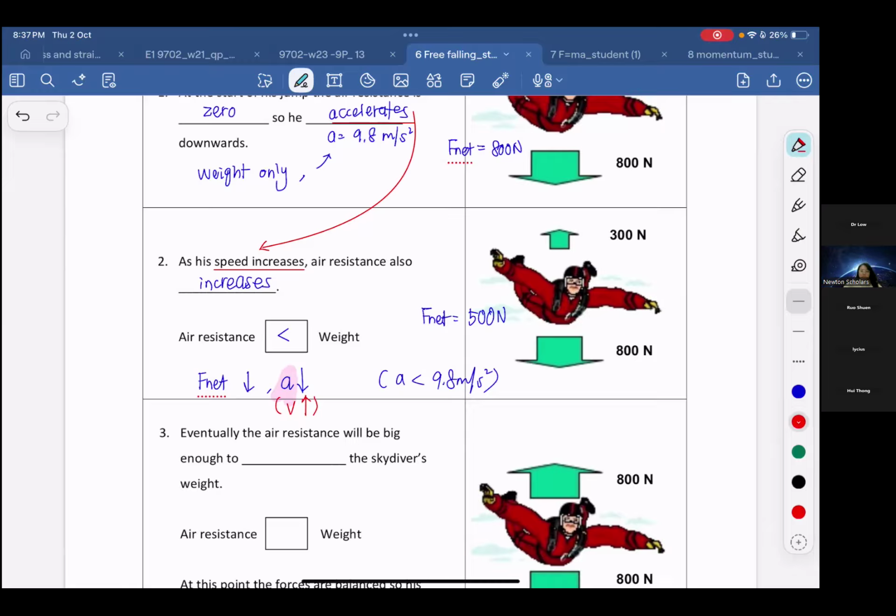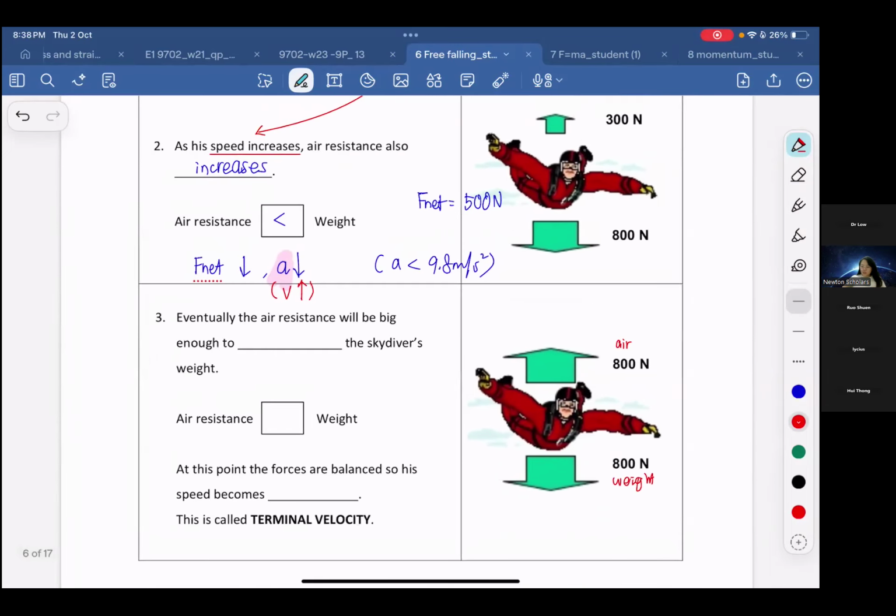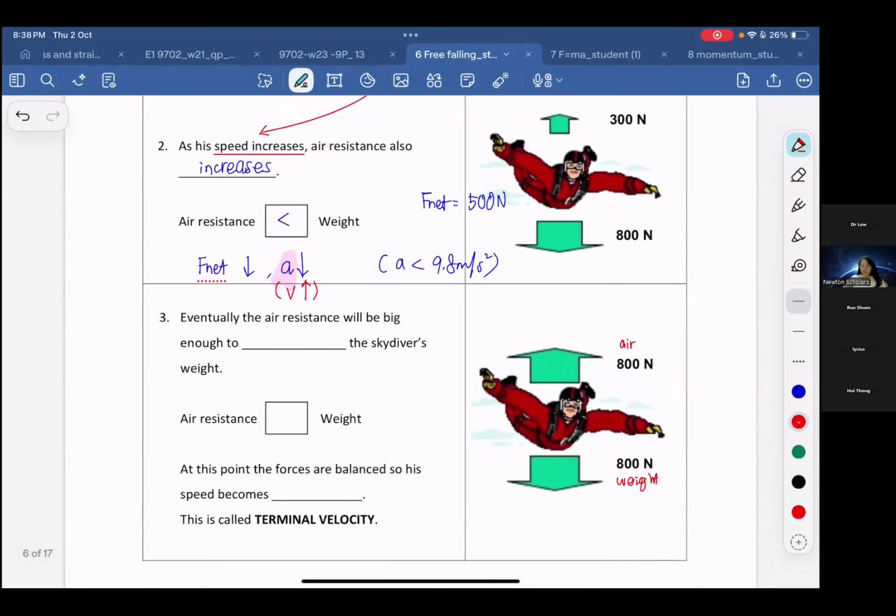If your speed is increasing, your air resistance will keep on increasing. So can you see that this is air resistance, this is weight. Your air resistance from 300 will continue to increase until 800 Newton. At this moment, your air resistance is big enough to balance the weight, which means your air resistance equals your weight.